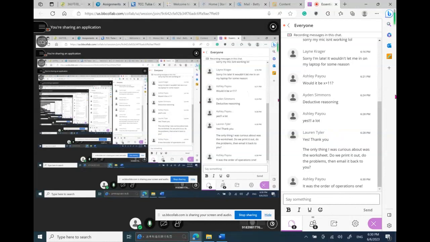Yeah, exactly. Yesterday, we went over the correct order of operations. We went over the worksheet. So far, the only worksheet you need to print out is that worksheet. Print it out and solve the questions and scan or take a picture of your work and email them to me, and I will grade them.